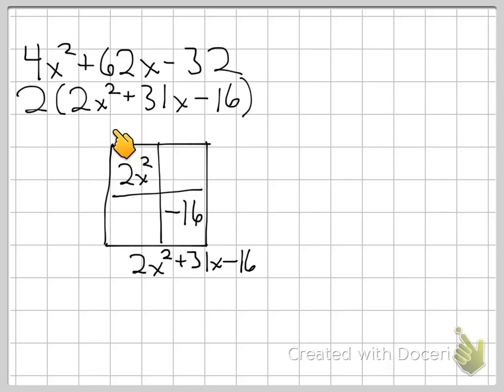All right, so I'm looking up here, I got the 2x squared. What's one of these terms going to be on the top? 2x and x, right? We're not going to make both of them 2x. We make either one there.